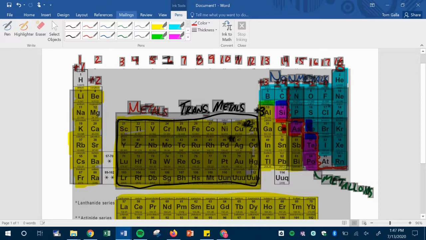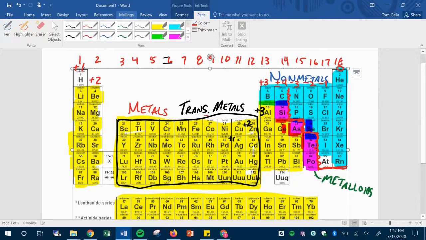You should have, in particular, the charges of groups 1, 2, and then all the way over here, group 3, 4, which, remember, when we say plus or minus 4, we're only talking about carbon and silicon.